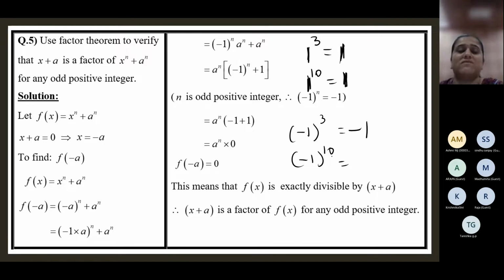But -1 to the power 10. How many minus signs will you have? 10 minus signs you'll have. And you know that minus into minus is plus. So 10 minus signs will become positive finally. 1 into 1 into 1 into 1, 10 times is 1.